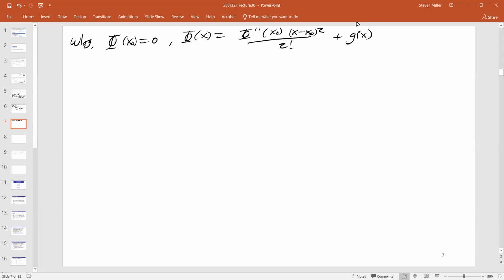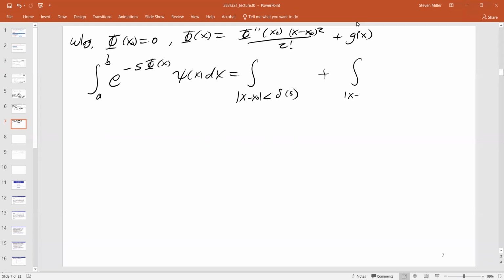Okay. So we want to integrate from a to b of e to the negative s phi of x, c of x, dx. So this is going to be the integral over x minus x naught less than, let's say, some delta of s, plus an integral over x minus x naught greater than delta of s, with a less than or equal to x less than or equal to b.